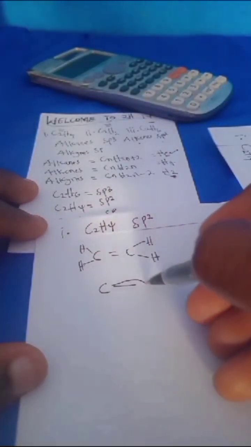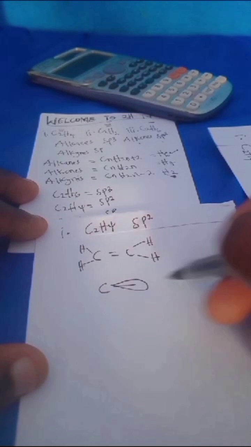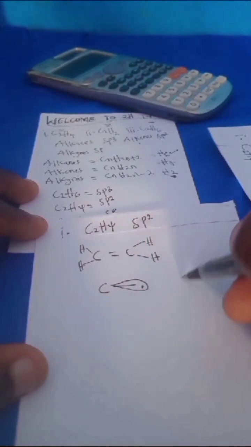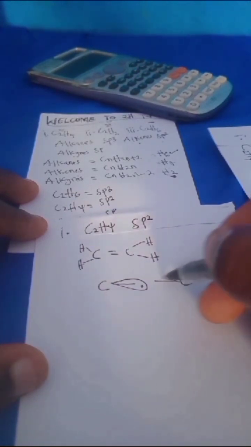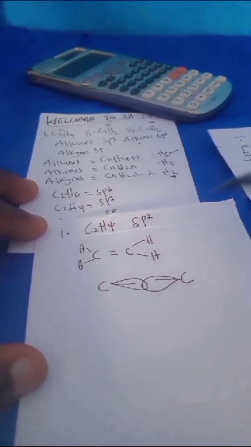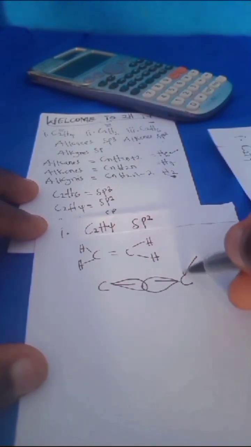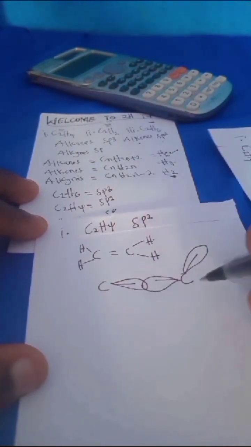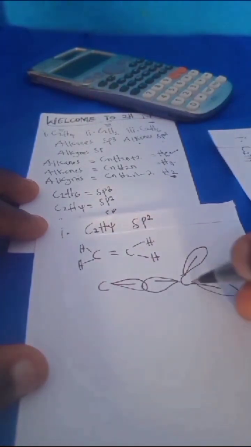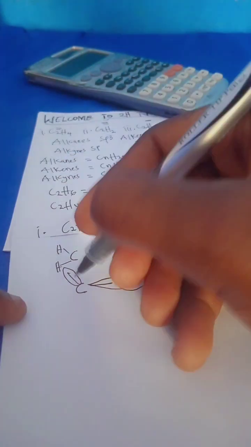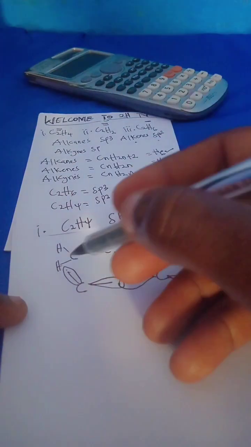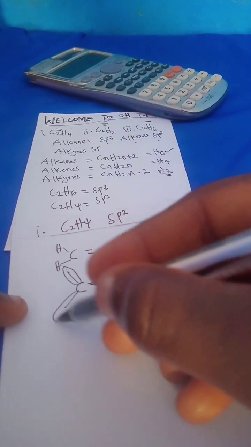Each carbon brings one electron. Then you quickly represent the first, second, and third ones, then the fourth hydrogen bond like this.